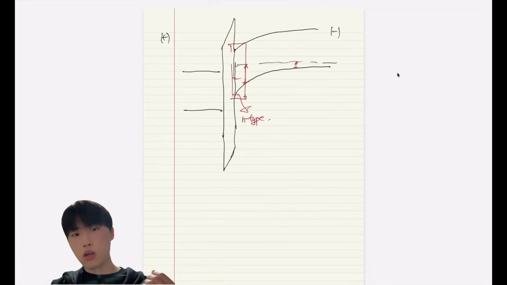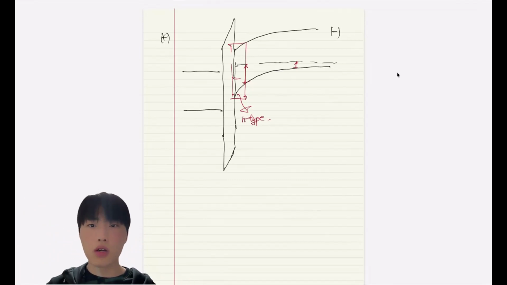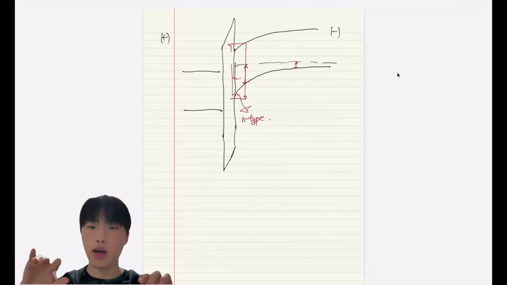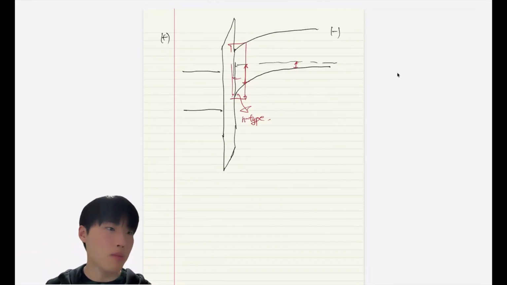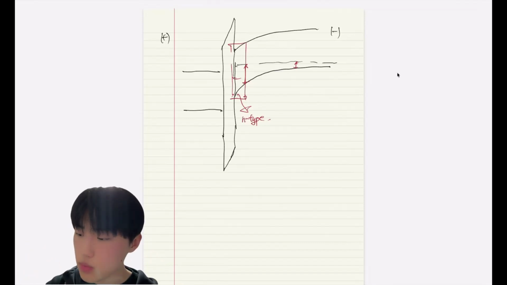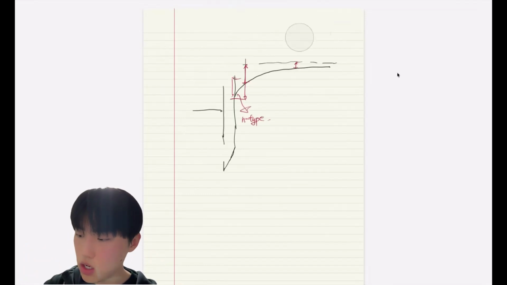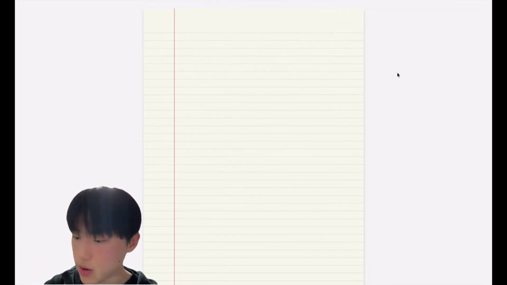But let's suppose there is more bias, more difference on the bias. So the energy band diagram will be bending more, and the gradient will be increasingly higher.